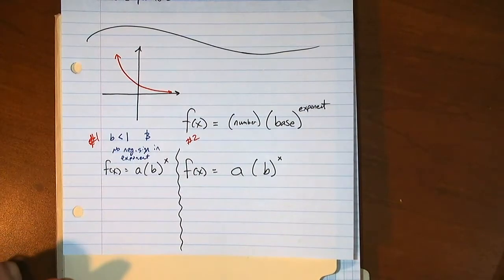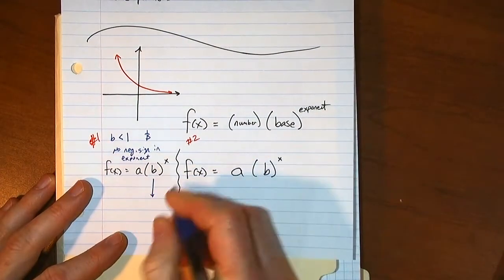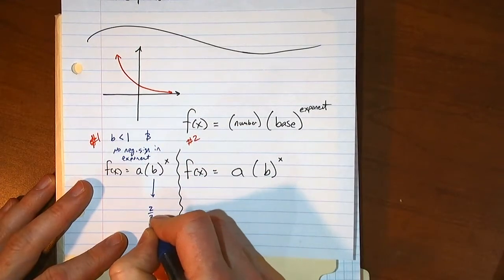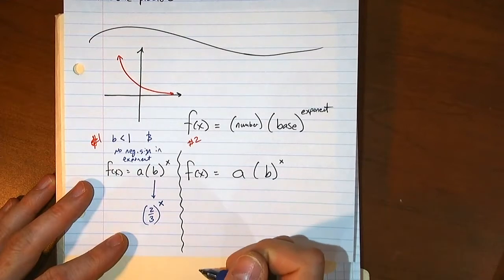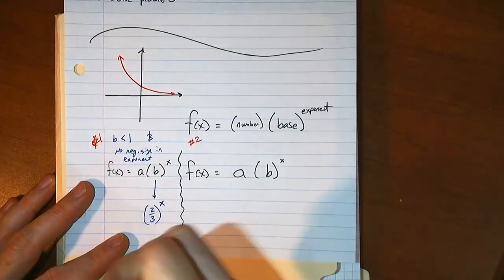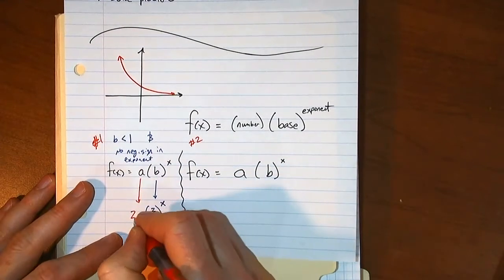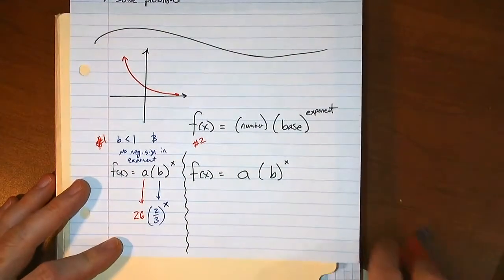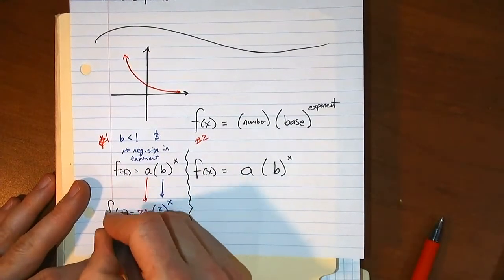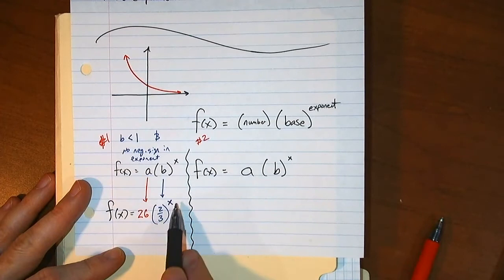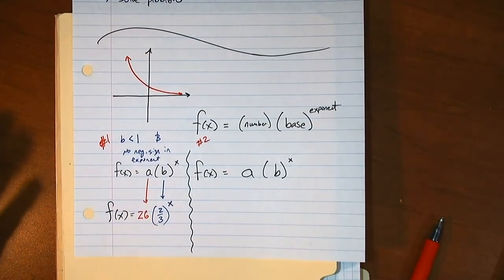Okay, so if I were to turn that into an example, perhaps I say something like b is 2/3 and x does not have a negative sign. A can be any number. It doesn't matter, positive, negative, bigger than 1, smaller than 1, that doesn't matter. Okay, so maybe something like that. And this would represent decay because of the fact that I've got no negative sign and my number's less than 1. So that's one scenario that you'll see.